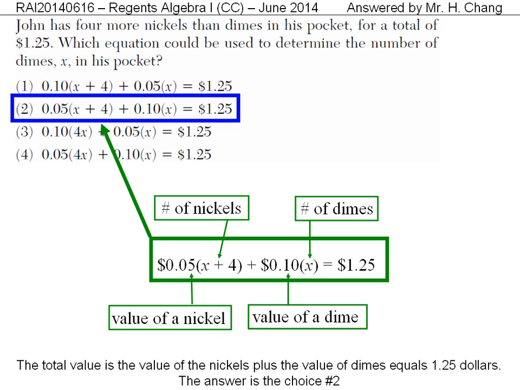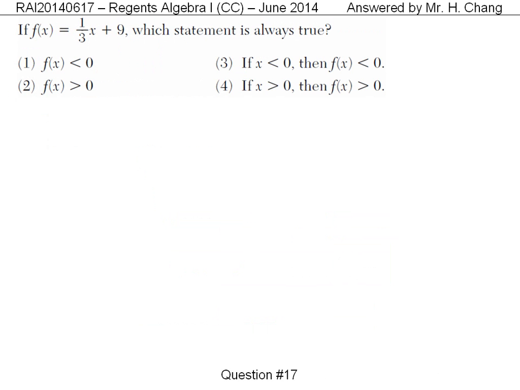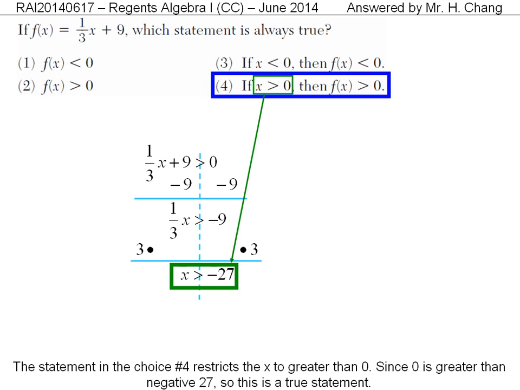The total value is the value of the nickels plus the value of the dimes, which equals $1.25. The answer is choice number 2. Question number 17. The statement in choice number 4 restricts x to greater than 0. Since 0 is greater than negative 27, this is a true statement.